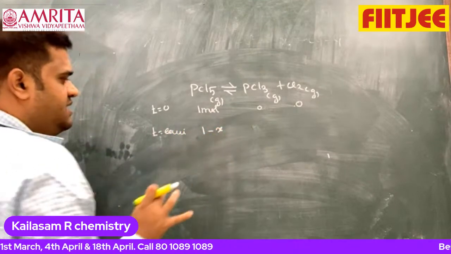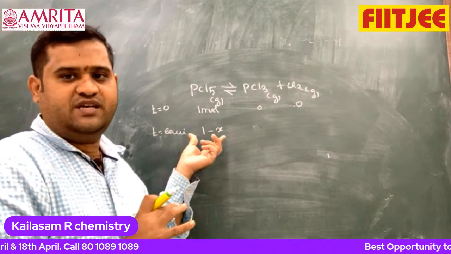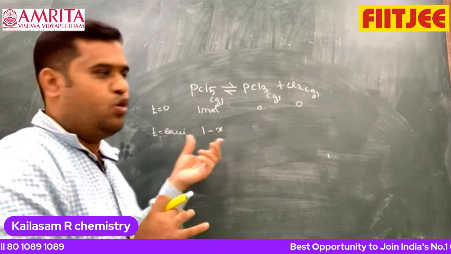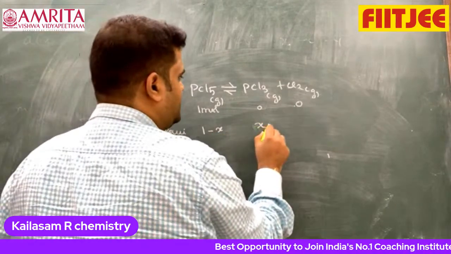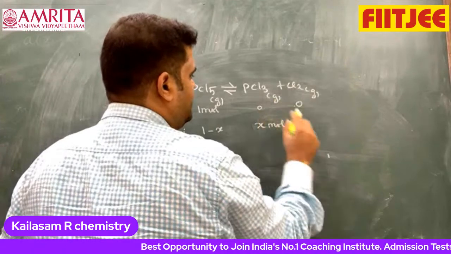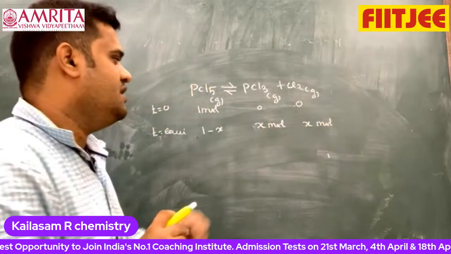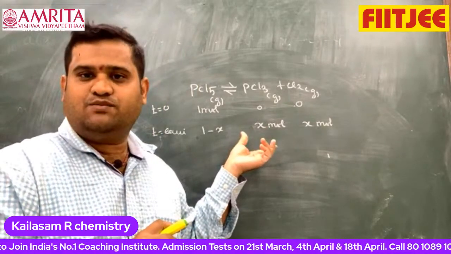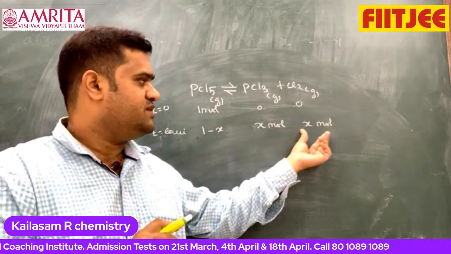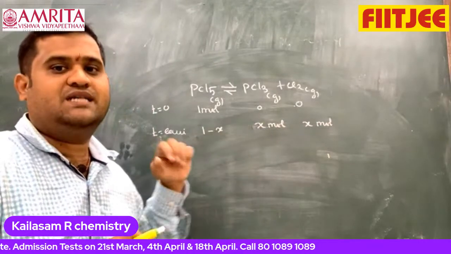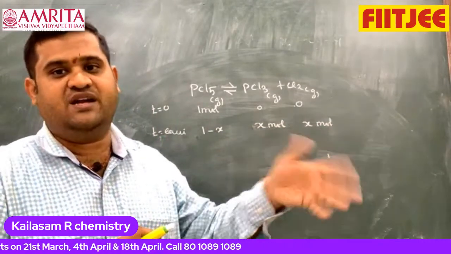What is the meaning of 1 minus x? It is the number of moles of PCl5 unreacted. Here x mole of PCl3 and x mole of Cl2 are formed at equilibrium. 1 minus x is nothing but the number of moles of PCl5 unreacted.